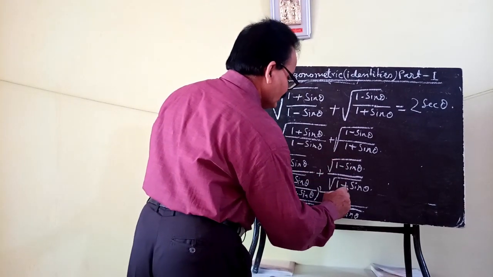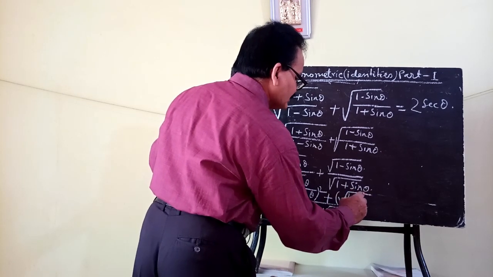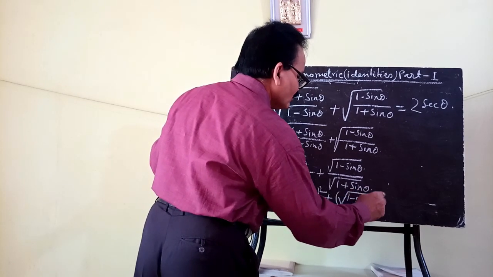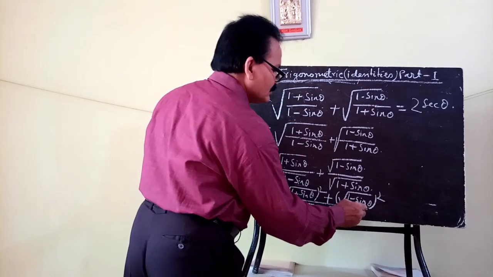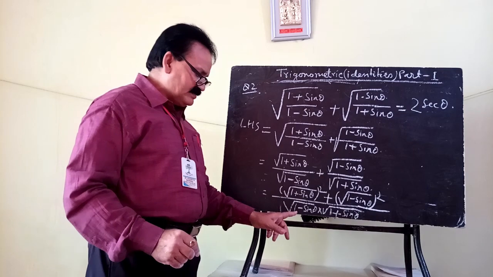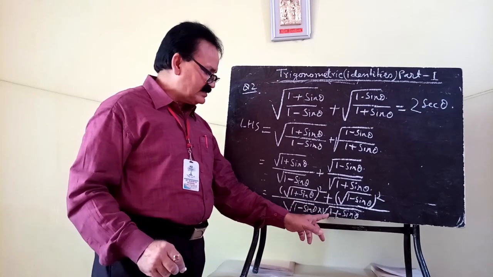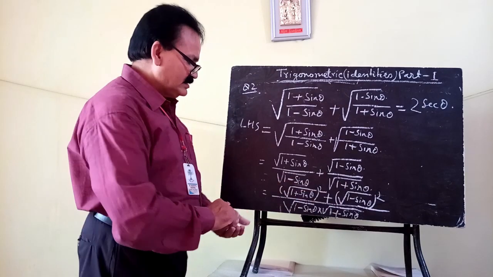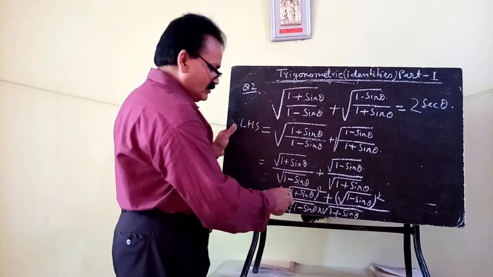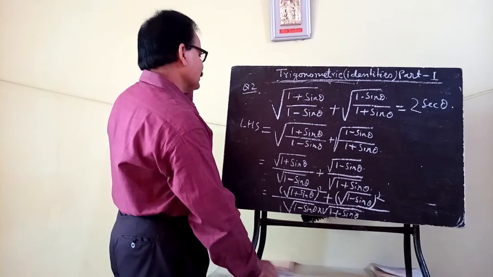So here also square root of 1 minus sin theta whole square. So after solving this, your LCM is square root of 1 minus sin theta into square root of 1 plus sin theta, and in the numerator it is square root of 1 plus sin theta whole square plus square root of 1 minus sin theta whole square.